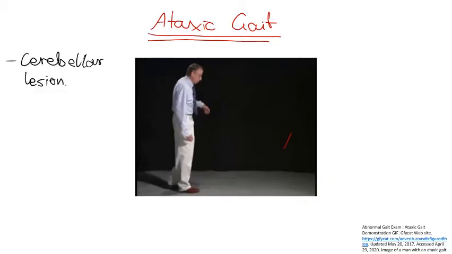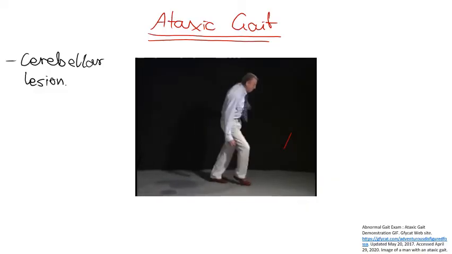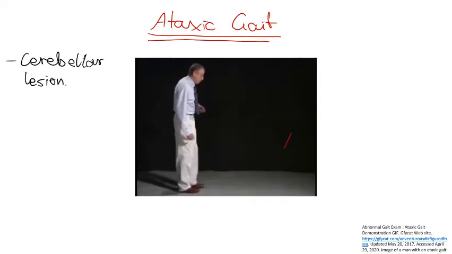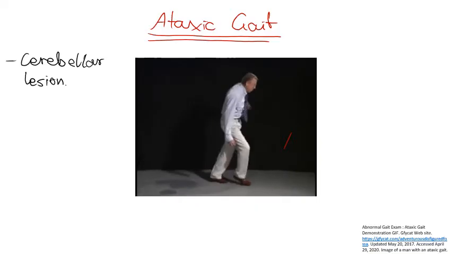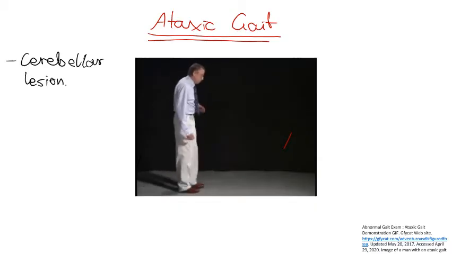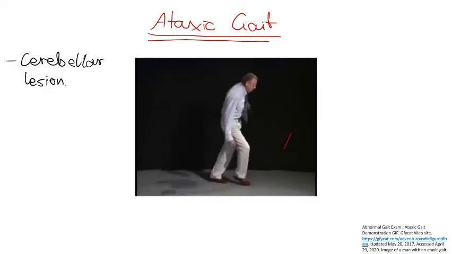So this cerebellar lesion can result from a head injury, a stroke, and it results in a gait pattern in which there is really no pattern as such, and there is a wide range of a lack of coordination.